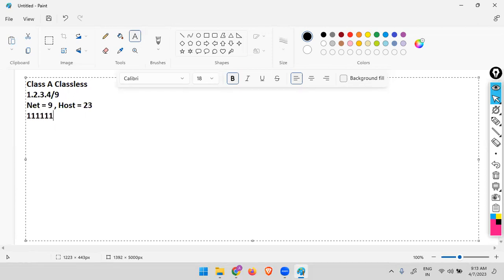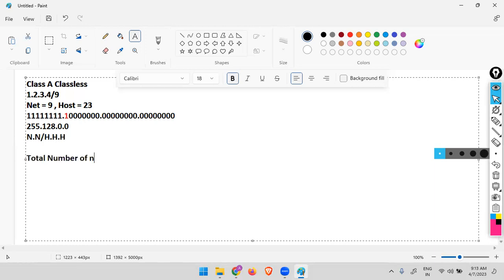Subnet mask, this one will be borrowed. Correct. This will be 255.128.0.0. That means network, then interesting, then host and host. Okay, let's go with total number of networks. That will be 2 raised to power 1. 2 networks will be designed.